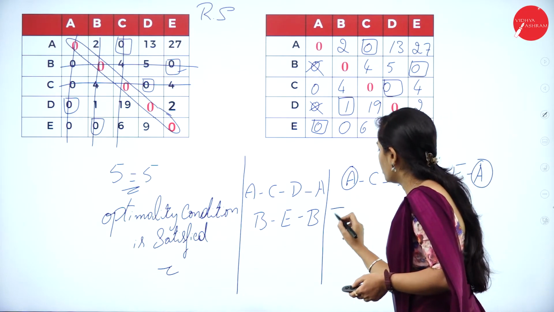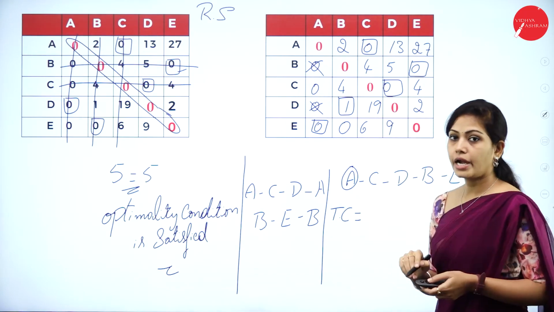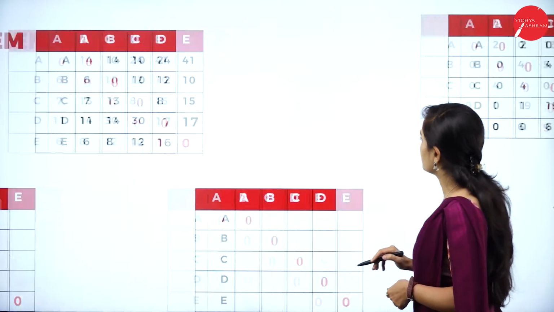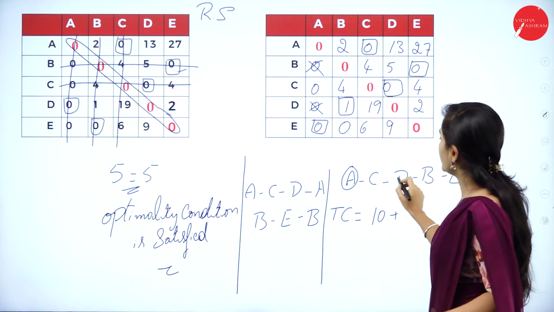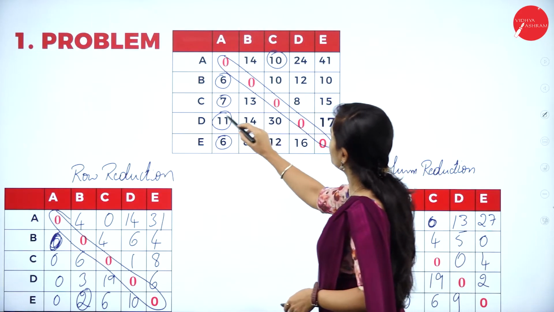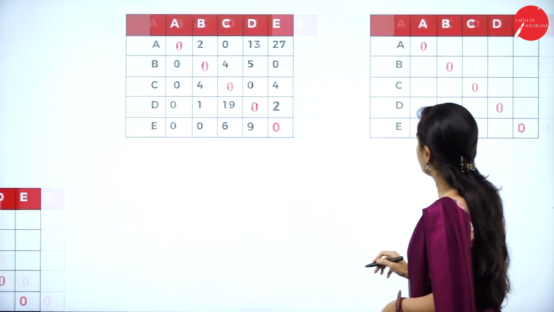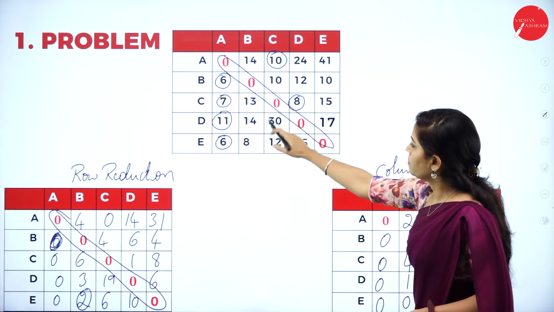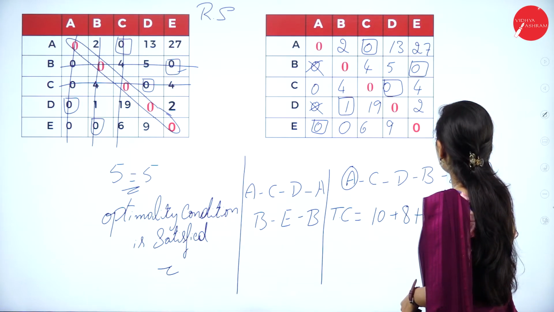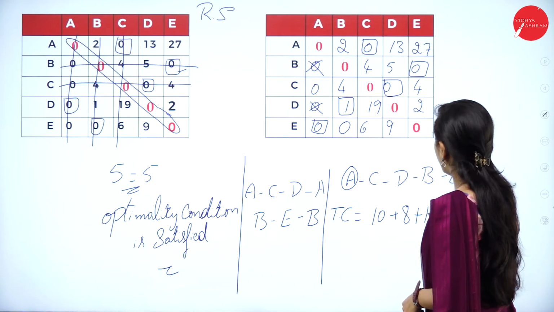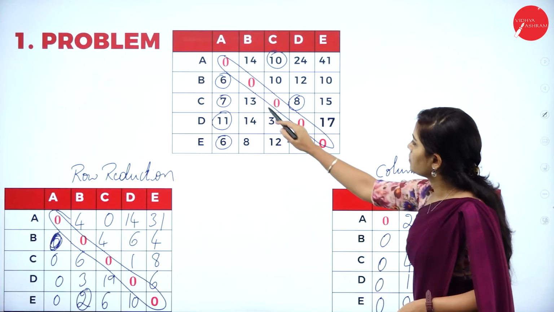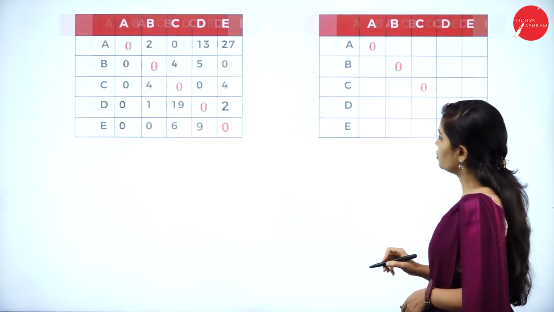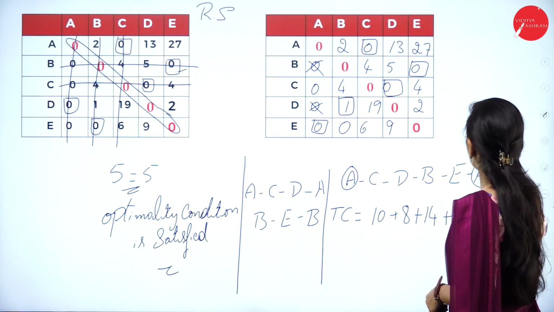Now I can find out the total cost. The total cost is A to C, which is 10, plus C to D, which is 8, and D to B, which is 14, and B to E, which is 10, and again E to A, which is 6.